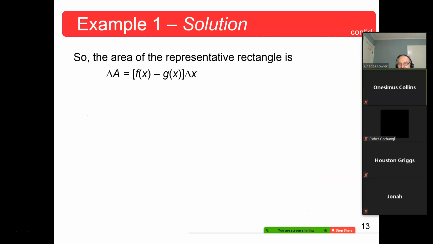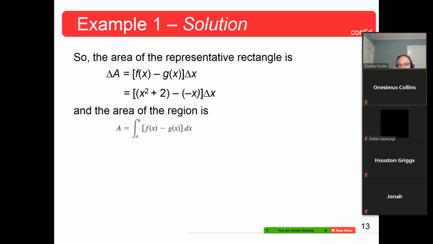Okay, so the area, and you can go through all this if you want to, is the length of that rectangle, f minus g, times the width of the rectangle, delta x. And that would be x squared plus 2, not 1, minus a minus x, times dx.